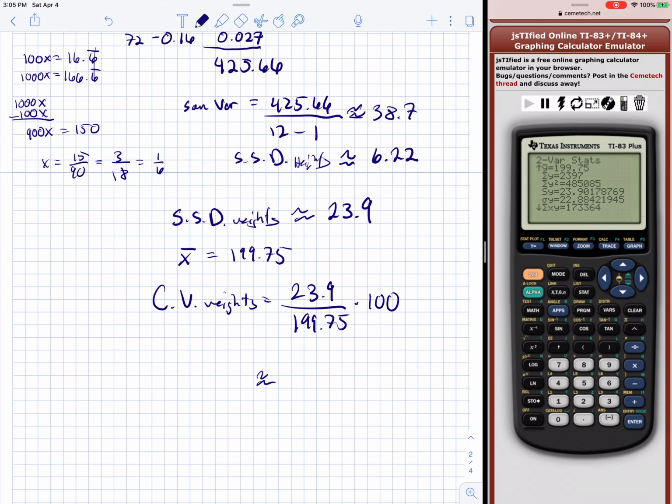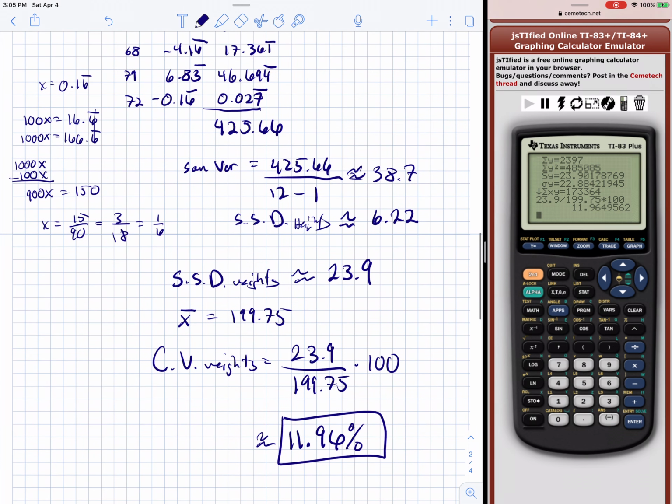So we're going to say this is approximately 11.96%. Okay, so we got this for the coefficient of variation of the weights.